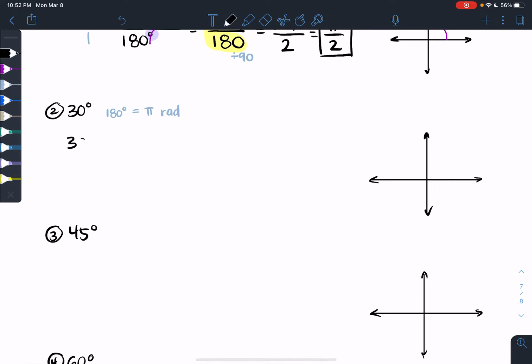We've got 30 degrees here, and we have to multiply it by pi radian over 180 degrees. Why is that so? Because our goal is to cancel our degrees, so we are left with our radians in our final answer.